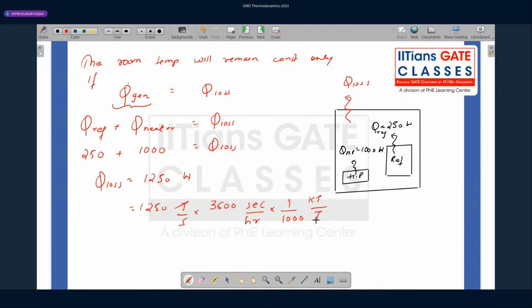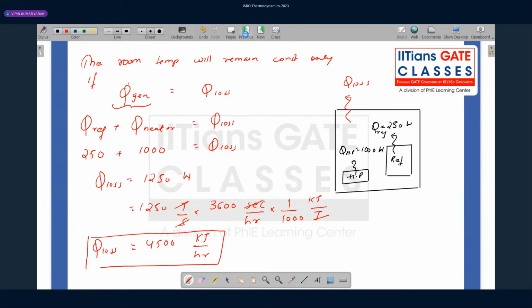Now joule and joule cancel, second and second cancel. When you calculate this, you will get 4500 kilojoule per hour. So this is your Q loss of heat that is happening.